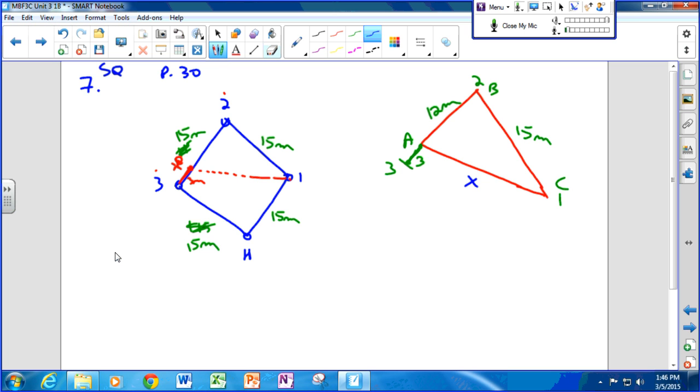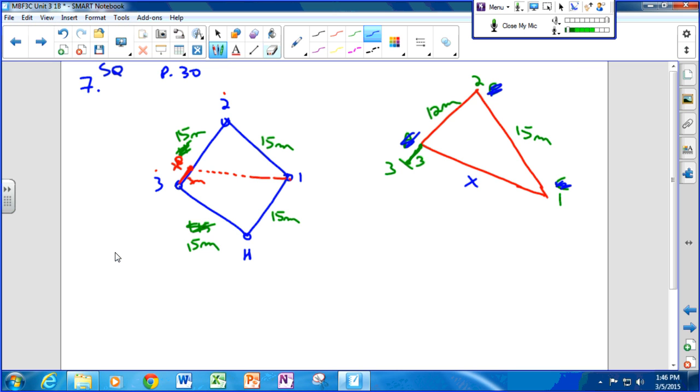Maybe it might have been a little easier to name these differently, but we're not bound by those yet. So what else do we need to know? What we don't have is an angle. Let's go back to our original diagram.